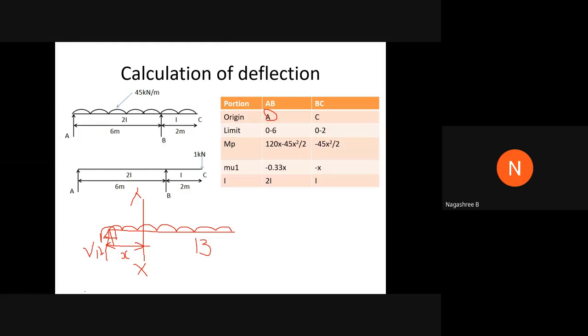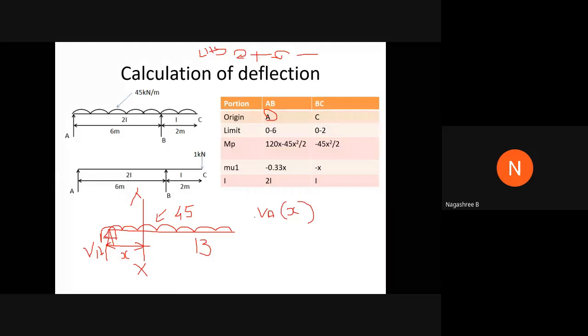If I start calculating the moment, starting from point A, it is VA into X. Since we are going from left to right, I write the sign convention here. On the left-hand side, when taking the bending moment, clockwise is considered positive and anti-clockwise is considered negative.